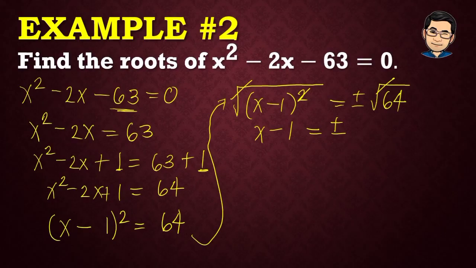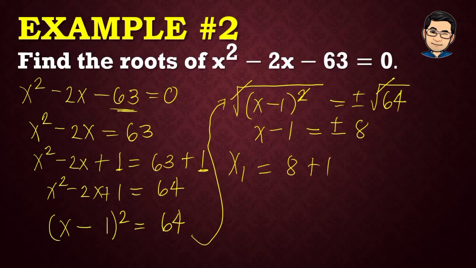What is the square root of 64? 8. So, ang sign ng sagot natin ay positive, negative. Dalawa sila lagi. So, and then, magiging ganito siya. X sub 1 equals 8. Itong negative 1, mapupunta sa right side, magiging positive 1.